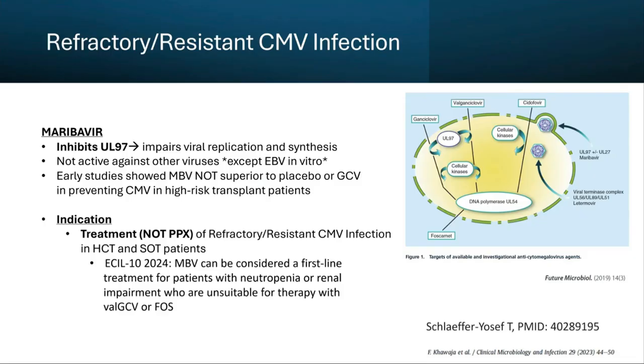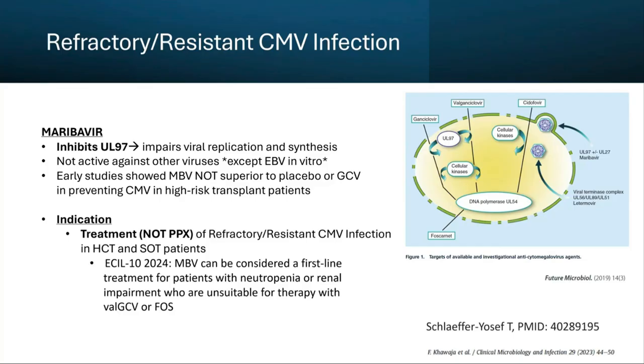So maribavir is actually an old drug, but was relatively recently approved for the treatment of refractory and resistant CMV infection, and therefore you can be tested on this. So again, remember that the indication for this drug is treatment of refractory and resistant CMV infection.